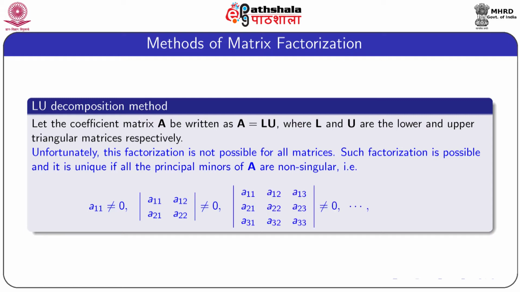The third principal minor should be not equal to 0, and up to the n by n order principal minor, that means the determinant of the given matrix is not equal to 0. So, if these conditions are satisfied, that means all the principal minors are non-singular, then this factorization is possible and gives the unique factors for A.